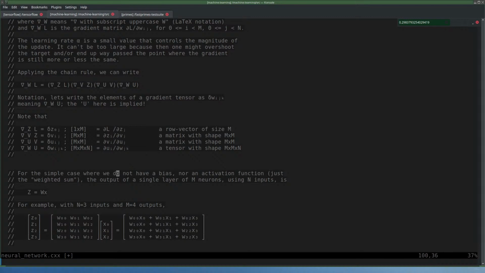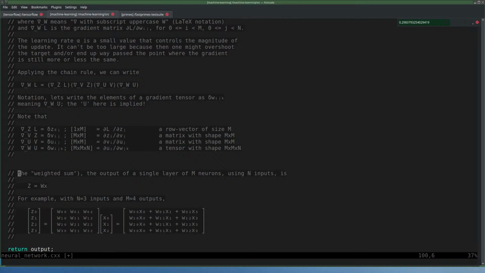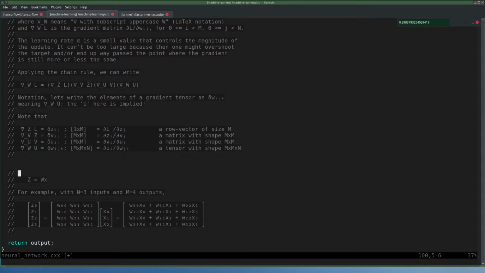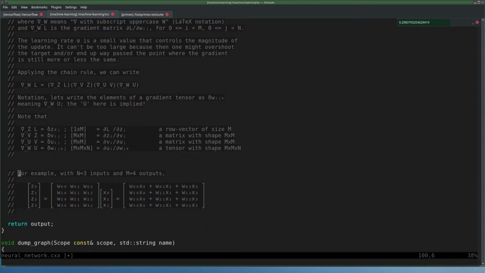For the simple case, we do not have a bias nor an activation function. It's maybe not the right thing to do.